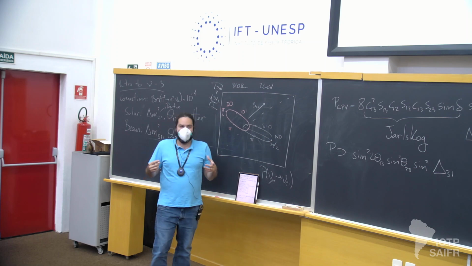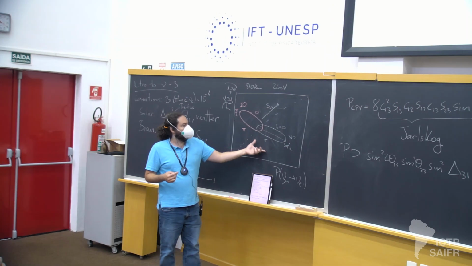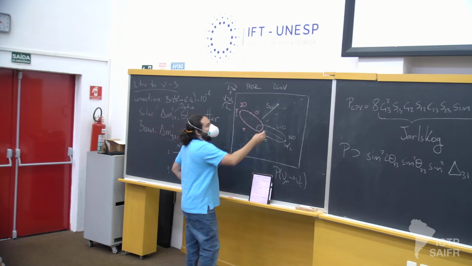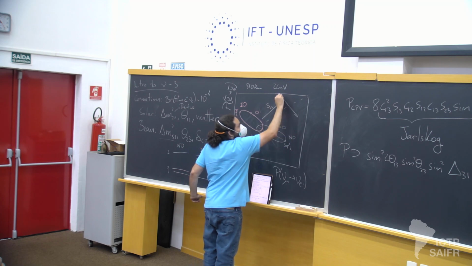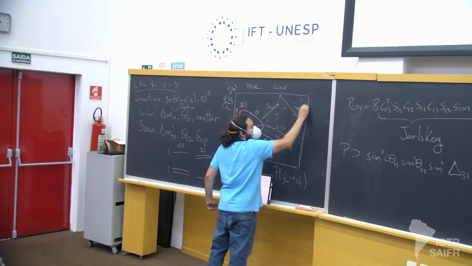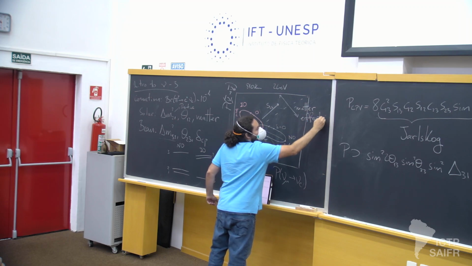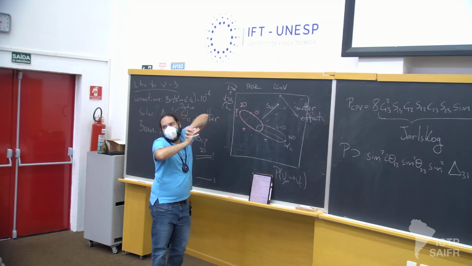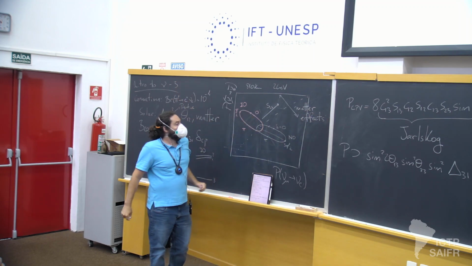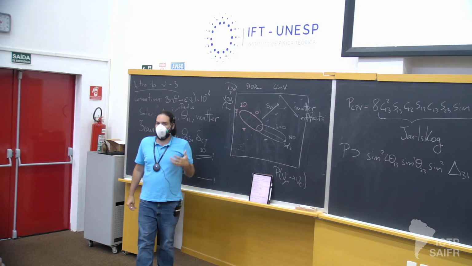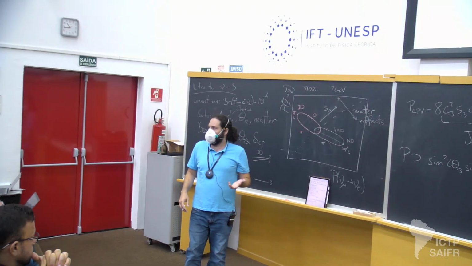Matter effects distinguish normal ordering from inverted ordering. So if you increase matter effects, the ellipses get further away. This is very, very helpful to understand what is going on with T2K and NOvA.